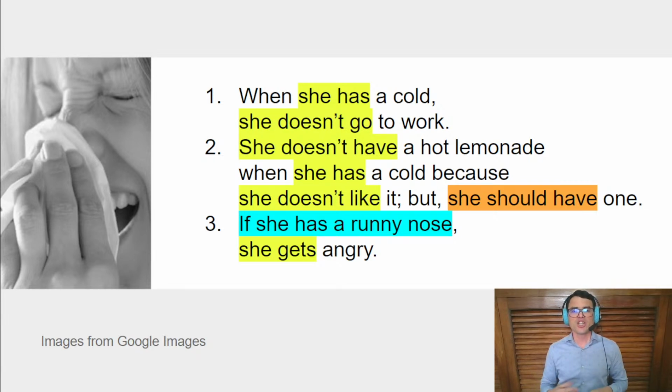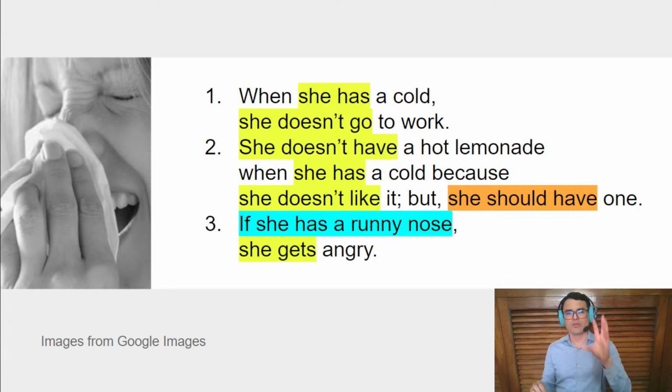Okay, number two, she doesn't have a hot lemonade when she has a cold because she doesn't like it, but she should have one. All right, so yellow, facts. Orange, advice, suggestions. So she doesn't have. She, subject, auxiliary, doesn't, verb, have in base form. Next, she has.